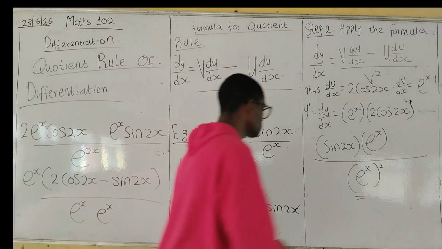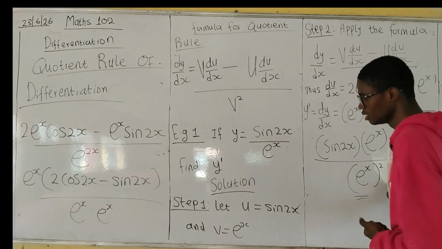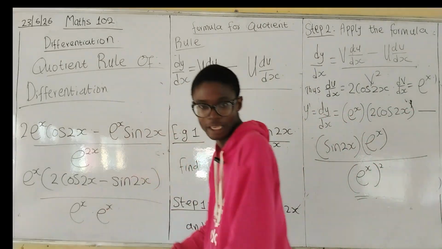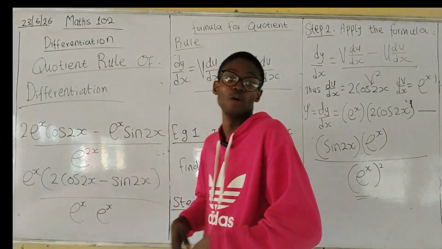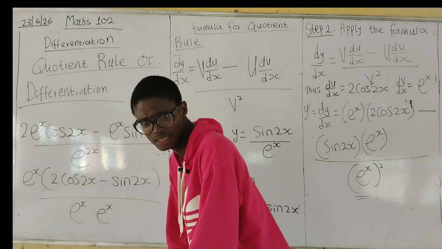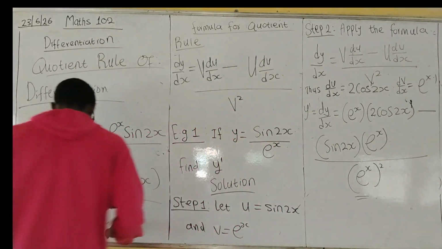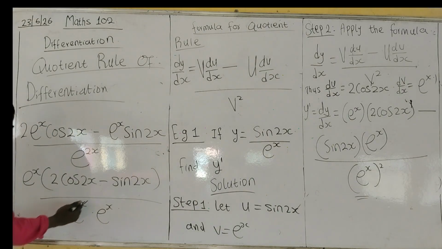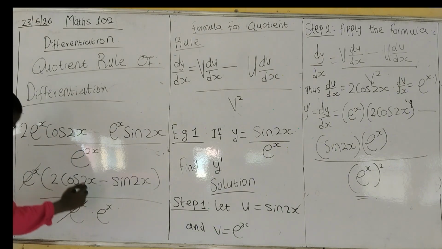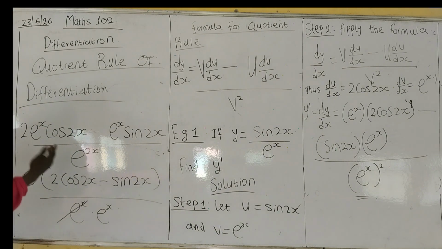because if you remember we said exponential x squared, right? So it means exponential x multiplied by itself. Square means that thing multiplied by itself. Do you understand? 2 squared means 2 times 2. So we take out that and we cancel.